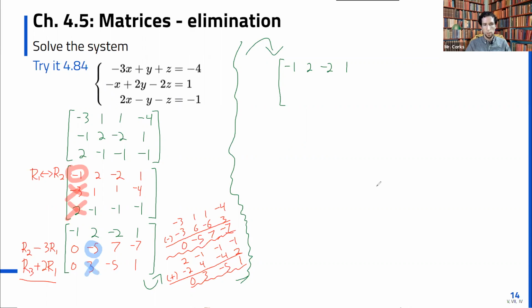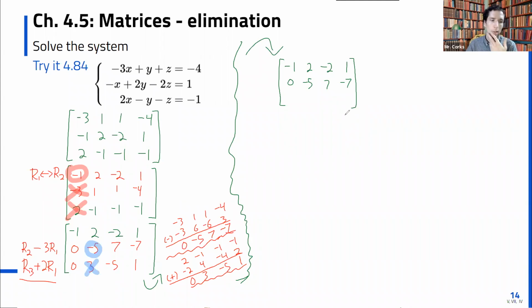And it looks like we're probably not going to be doing anything with row 2 either. We'll maybe turn that into a 1 a bit later, but we want to eliminate the thing in row 3. That's our goal here. So row 2 is going to not change, -5, 7, -7. And now we are focused on row 3 and what we can do there.